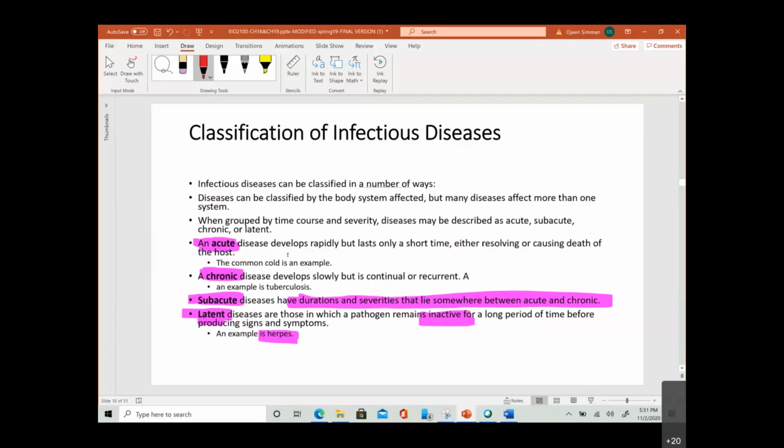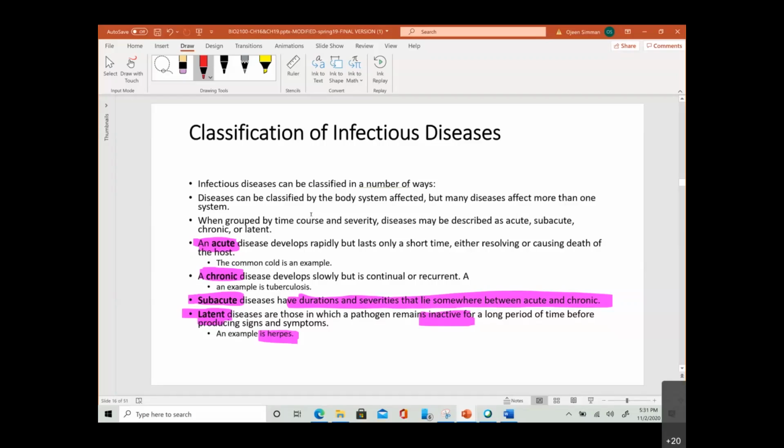By time course and severity, we have acute disease. This is when the disease develops very fast and causes signs and symptoms only for a short period of time. An example of this is the common cold. Chronic is when the infectious disease develops very slowly and it can reoccur later on.